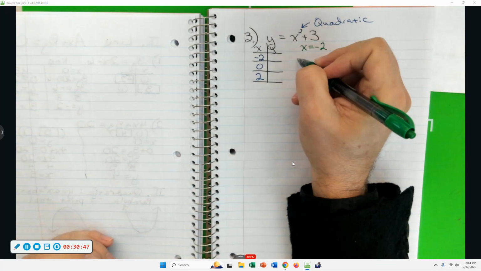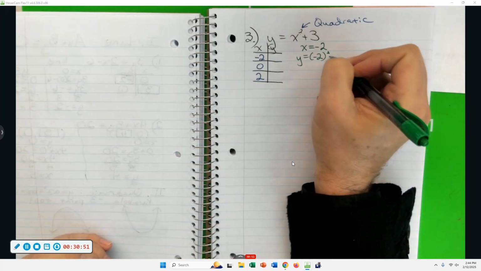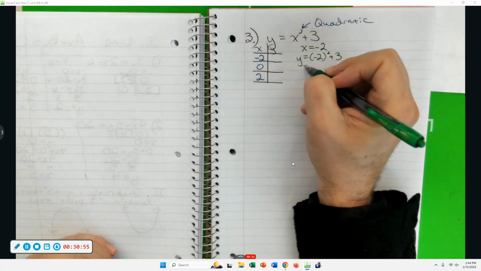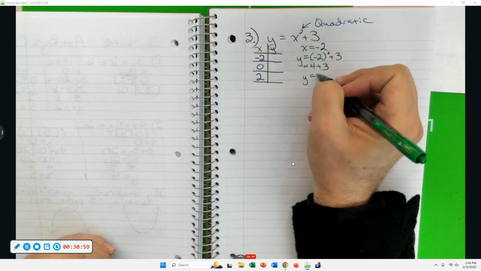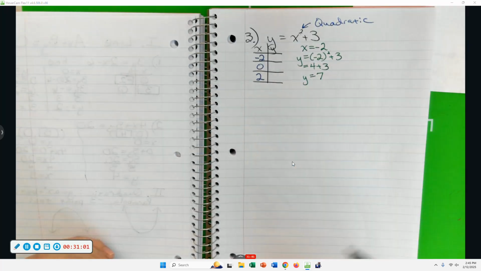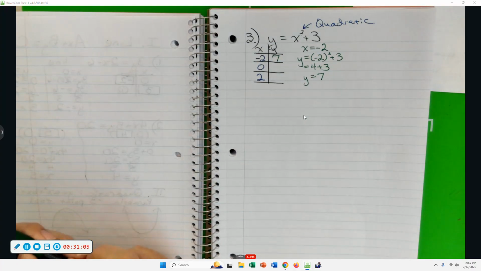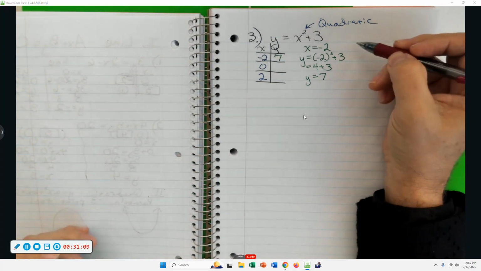So that says y is equal to -2 squared plus 3. -2 squared, that's a 4, plus 3. So when x is -2, the y value is +7. Any questions on our logic there?